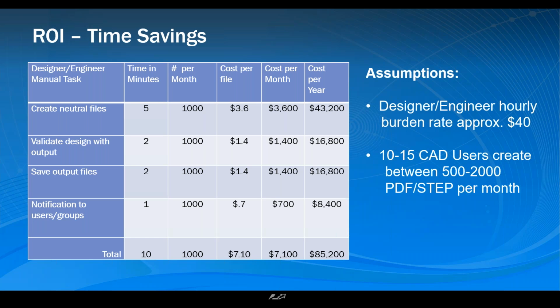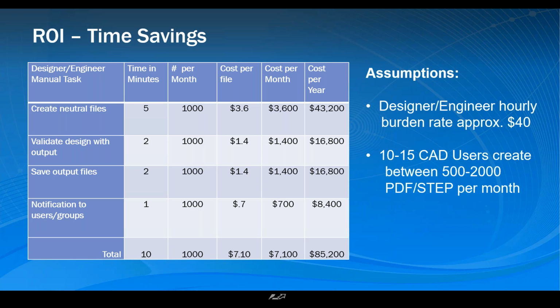I want to take just a quick minute to go over the return on investment from time. And time is the soft cost. So this is an example of a company that produces 1,000 PDF or STEP files a month. There are some assumptions, such as burden rate and the number of files, but the bottom line is there's a soft cost with manually creating those neutral files.